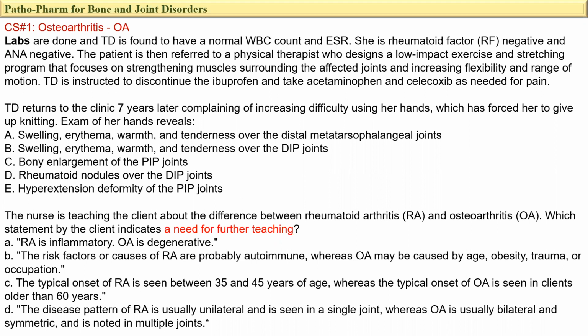This is a question where we are looking for the incorrect statement, the need for further teaching, which is D: osteoarthritis is unilateral and usually affects a single joint, whereas rheumatoid arthritis is bilateral and affects multiple joints. This statement is incorrect, so it indicates the client needs further teaching. Always remember that rheumatoid arthritis is symmetrical, osteoarthritis asymmetrical.